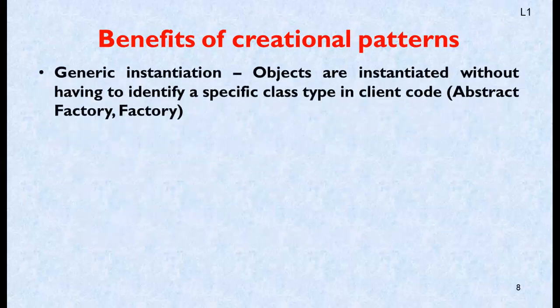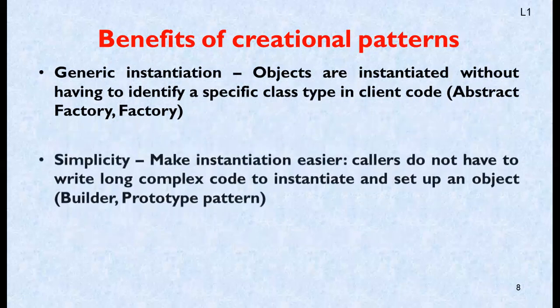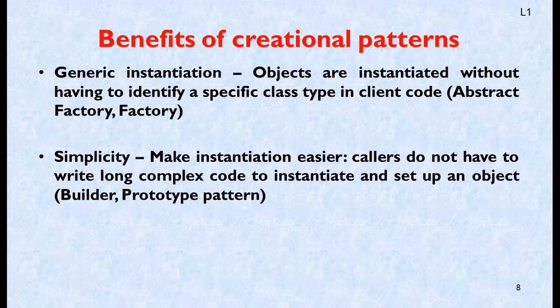Here, generic instantiation means objects are instantiated without having to identify the specific class type in the client code. Example: the abstract factory or factory. Next, because of its simplicity, that is another benefit. They make instantiation easier.